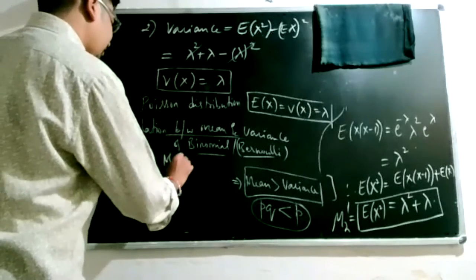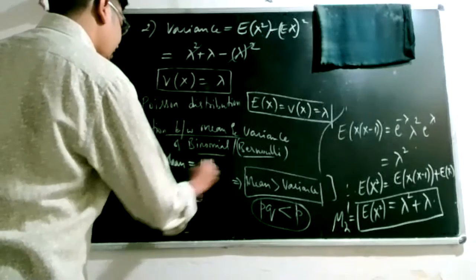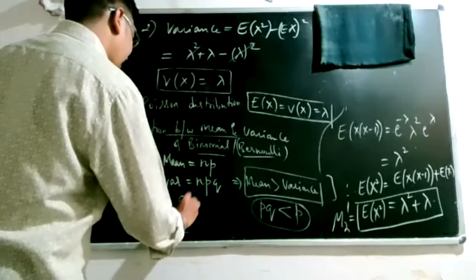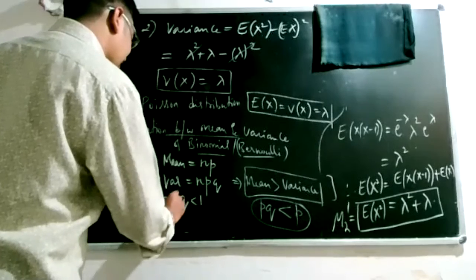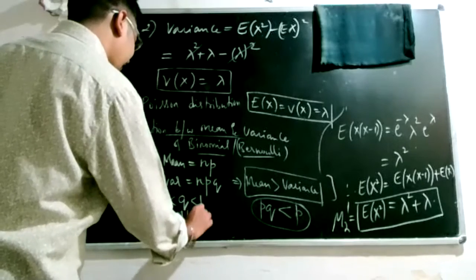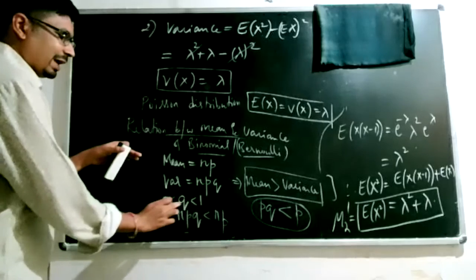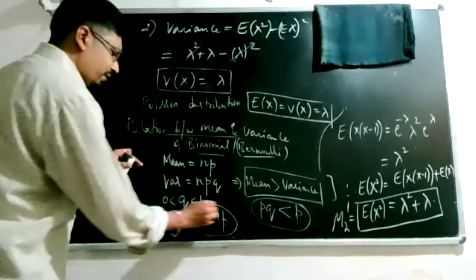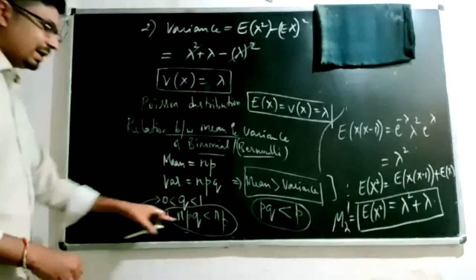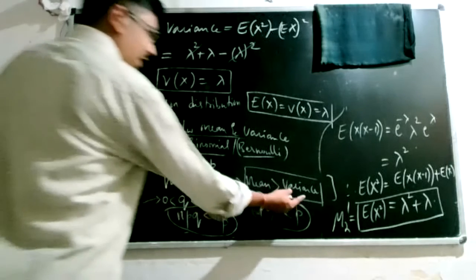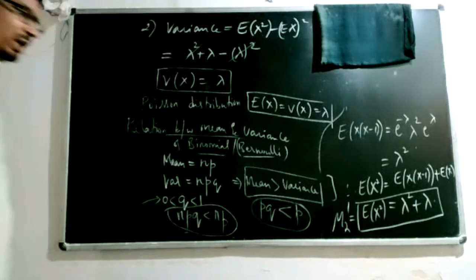So we have mean equals np, variance equals npq, and we have q less than 1 because 0 is less than q less than 1. So naturally, we have npq less than np. Just multiplying np on both sides of this inequality, we get npq less than np, which indicates variance less than mean, or mean greater than variance.